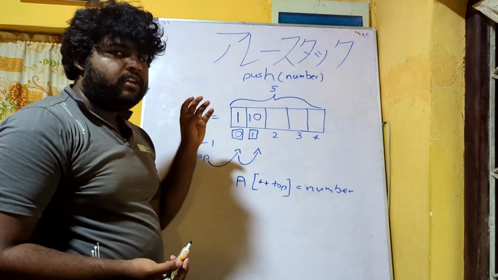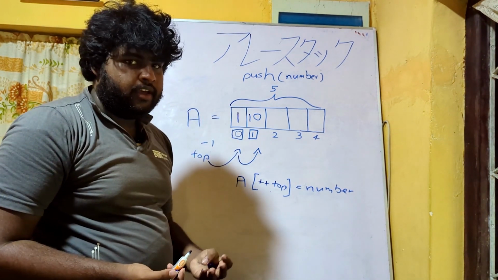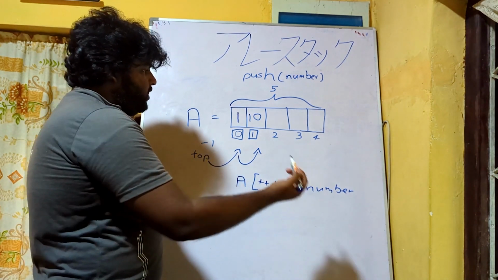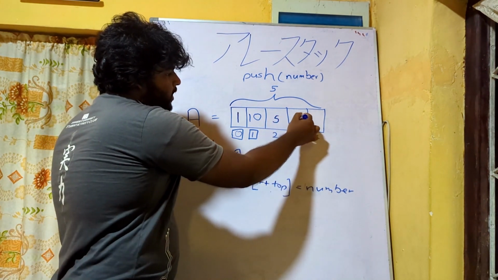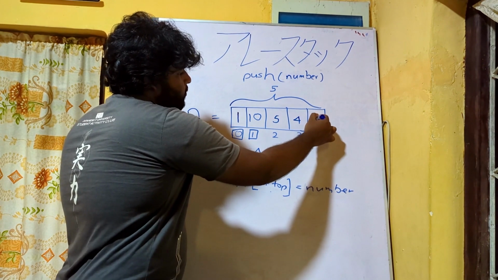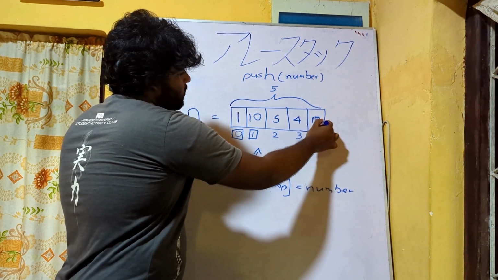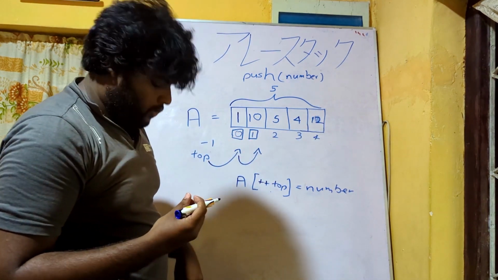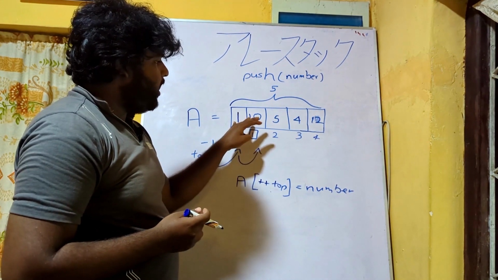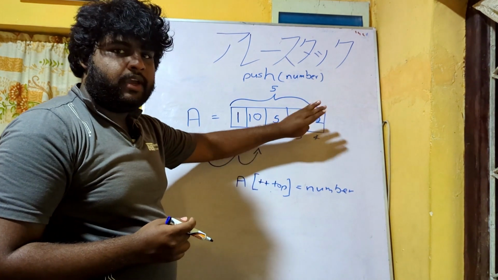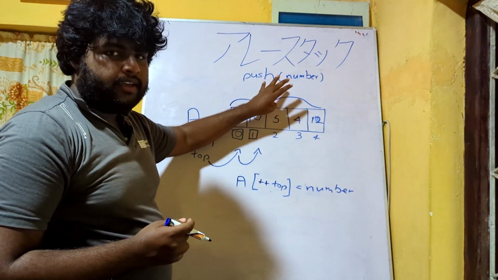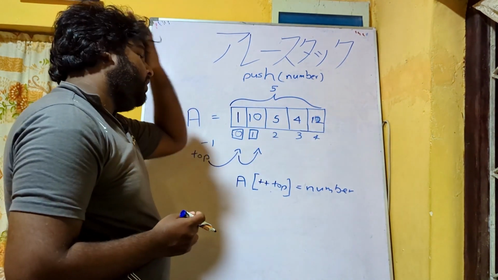So is our push function completed? No, because imagine I added many more elements into my stack. So right now I have 5 elements in my stack, which is the max size of my stack.